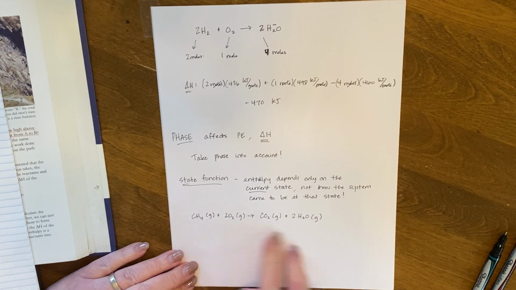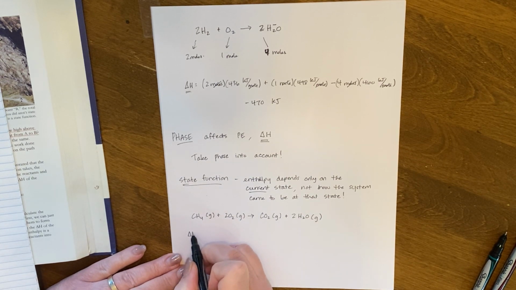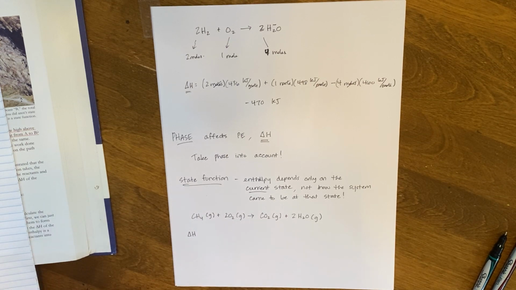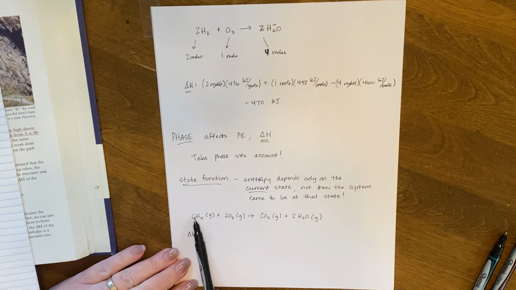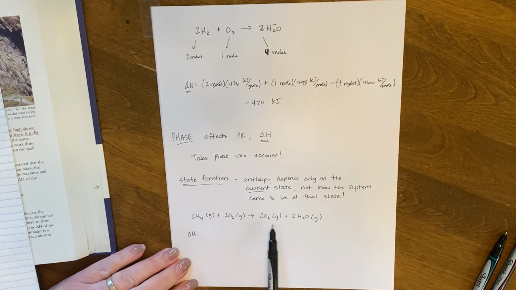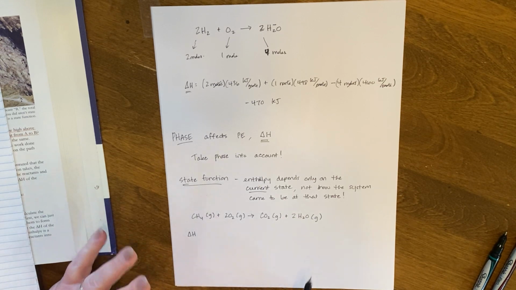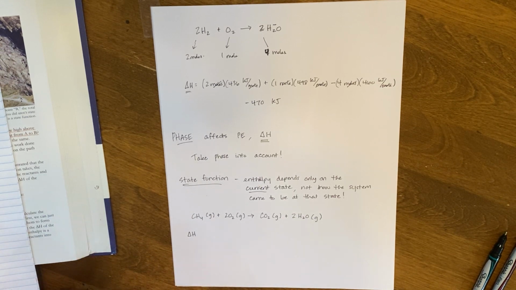So we could look at the delta H of this reaction the same way we did previously in the previous example. We could break down all the bonds here, then we could figure out what bonds were here and form them, and we could figure out what bonds are here and form them. So we could do it like we did before, and then just use the individual atoms to form the products.